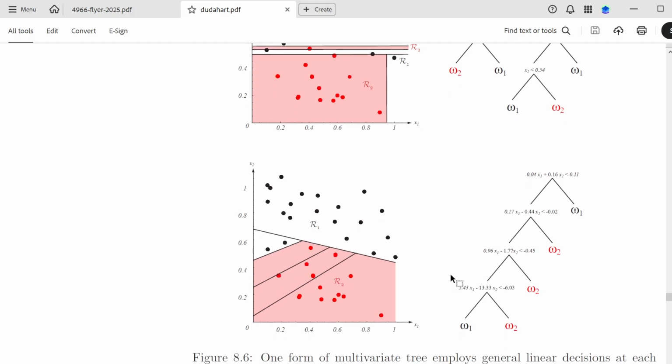Which is not that bad. But the bottom figure, this is basically the same data, shows that if I could draw diagonal lines instead of straight lines, then I could just draw 2 diagonal lines that would separate the data fully, right?